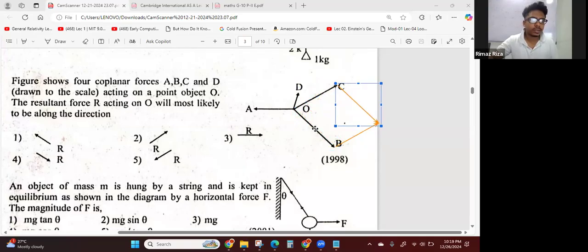These two intersect at this point. Therefore their resultant will be from here to here. So this is the resultant of these two. That means instead of B and C, now I can remove these two and I have only this. Then I can draw the D.